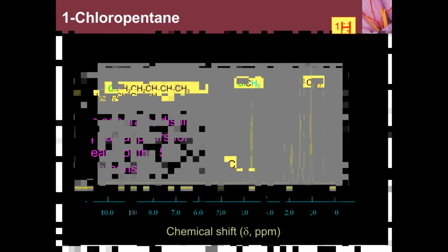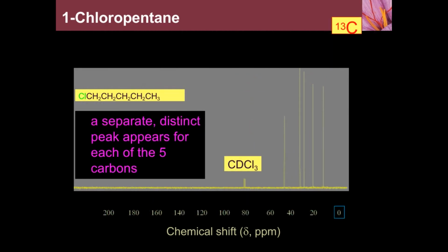If you go for the CMR spectra of 1-chloropentane, the spectra range from delta 0 to 200 ppm. 0 is because of the standard TMS.